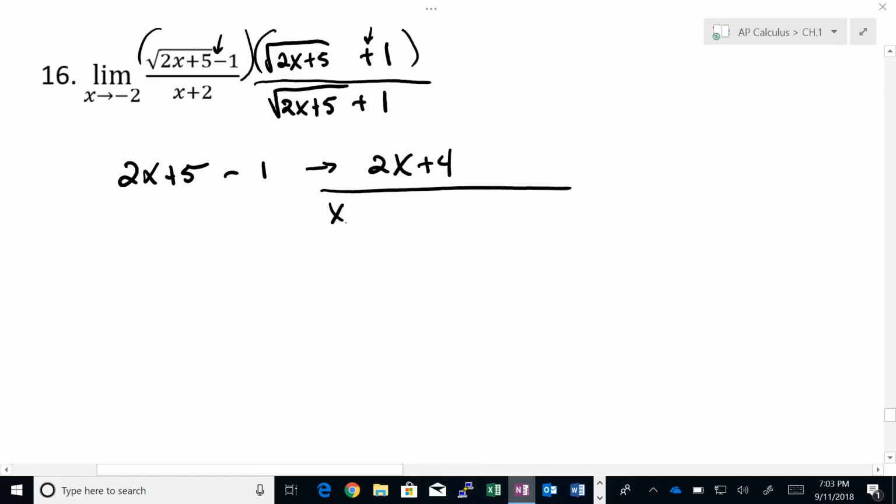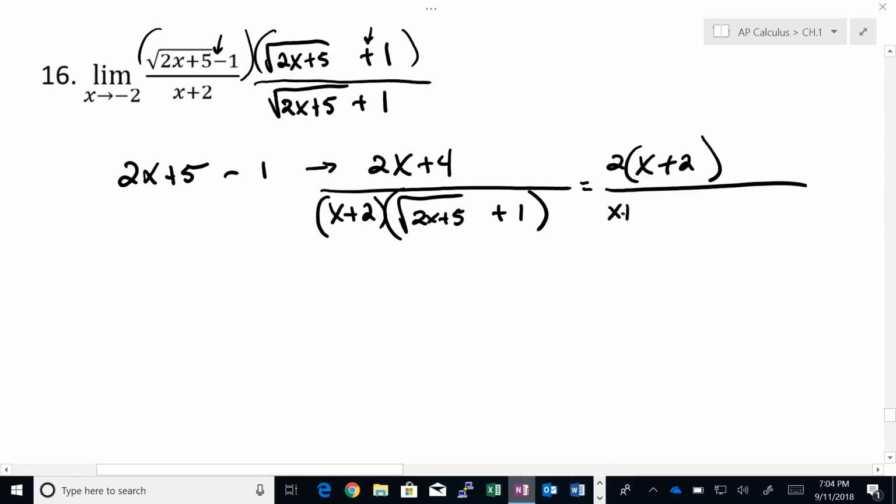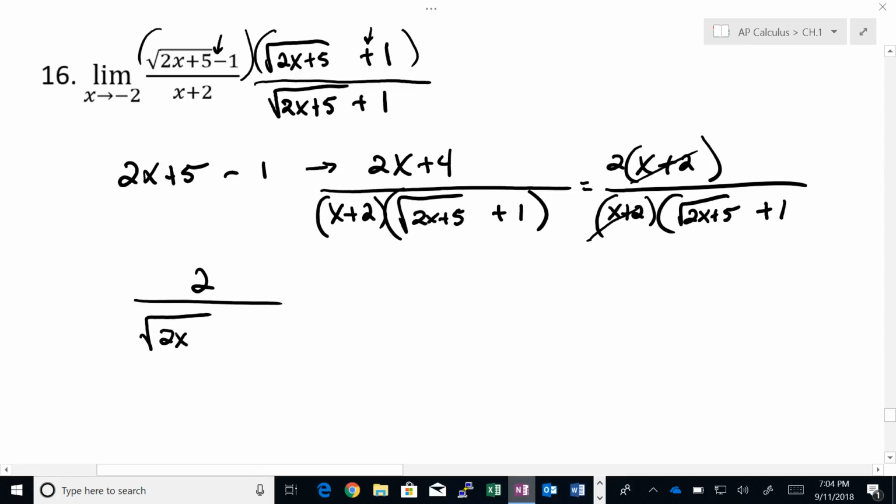Now I have this still here. And then if you notice, the top will factor. So I pull out a 2 and I'm left with x plus 2. Now the x plus 2's cancel, and I'm left with 2 over square root of 2x plus 5 plus 1.